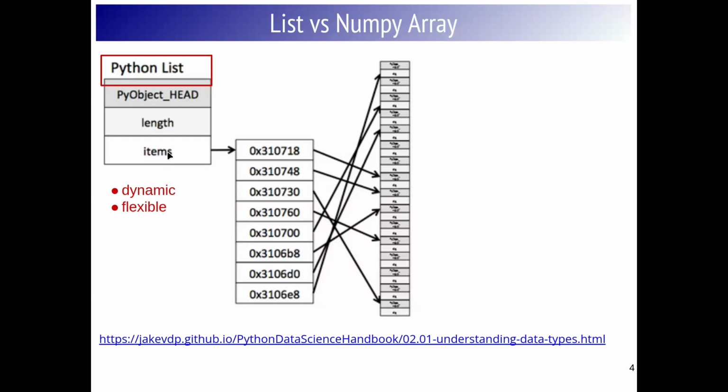Okay, so this is what I have already said. Each item could now be a complex thing, so they will have their own memory addresses, which we discussed yesterday. With the id function, you can check that each of the elements of a Python list will have different ids. That means they also have their independent existence in the memory space.